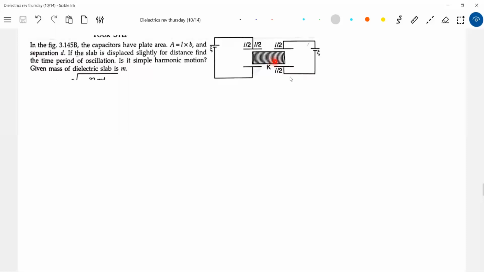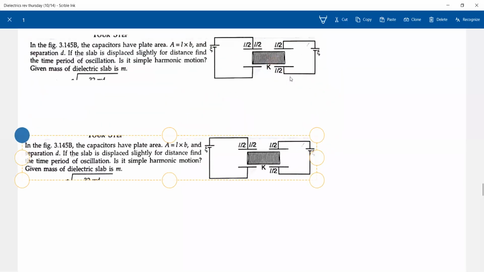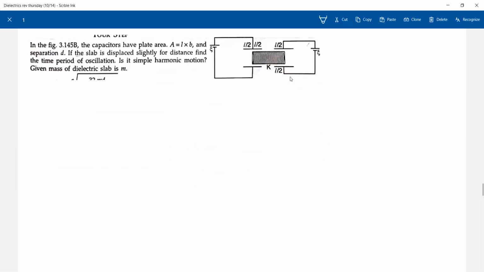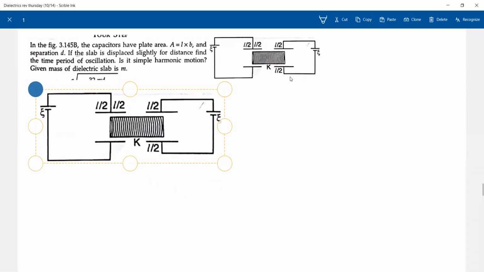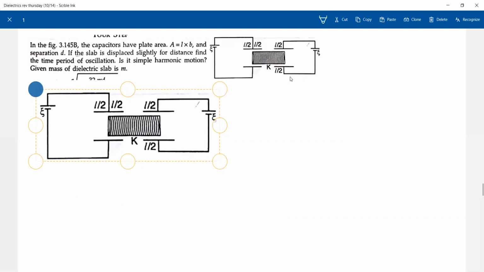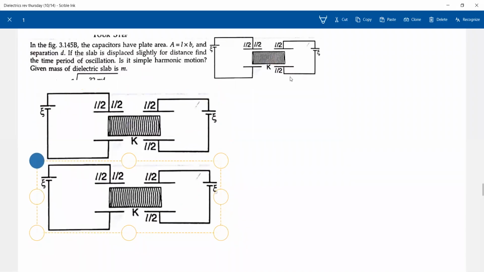Or executes, or it will be neutral equilibrium. Okay, we'll have two comparisons like this.